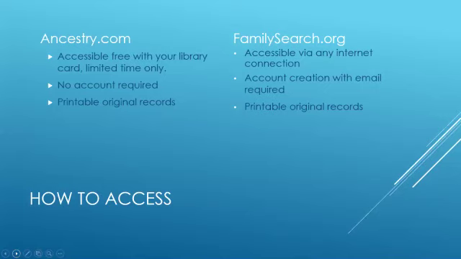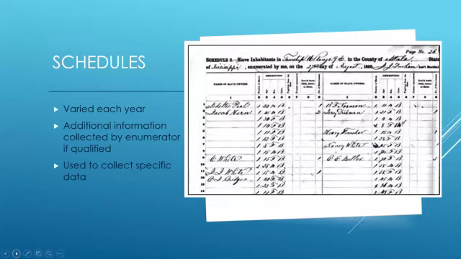You can access this with any internet connection. You do have to create an account. It is required that you create an account with them, and you need an email address to do this. And again, you can print the original records and add them to your research log.